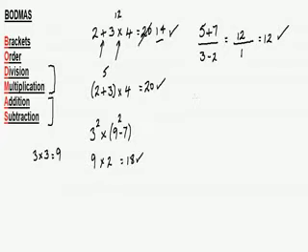So let's say we have 8 multiplied by 3 plus 1, divided by 4 minus 2.